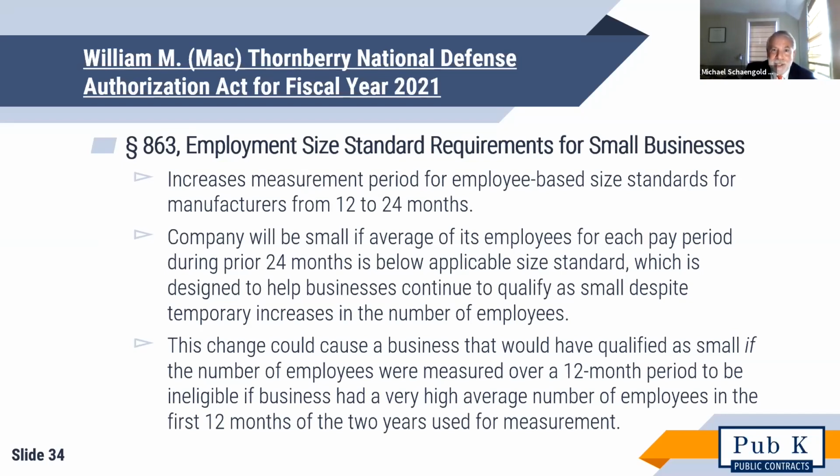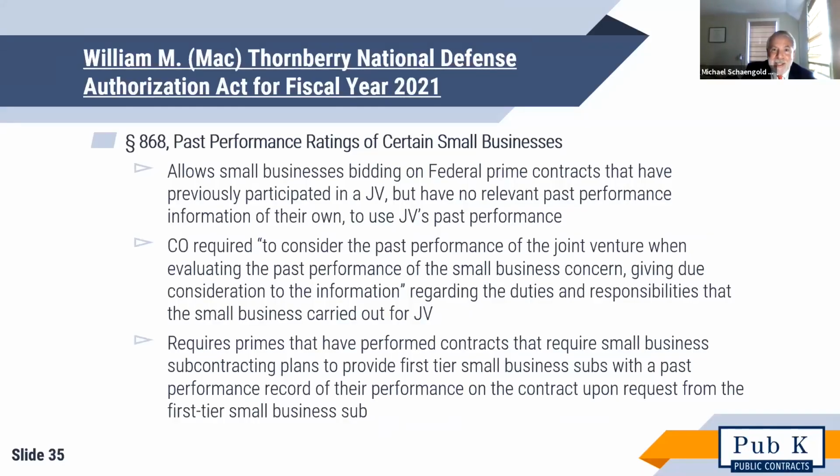Slide 35, please. Section 868 amends the Small Business Act to allow small businesses bidding on prime contracts that have previously participated in a joint venture but have no relevant past performance information of their own to use the joint venture's past performance for evaluation purposes. They, of course, have to identify the work that they've done.